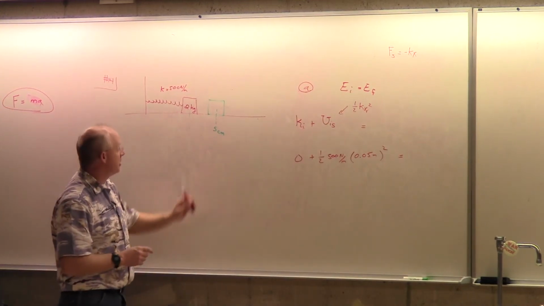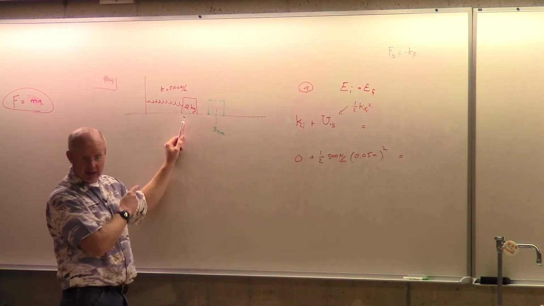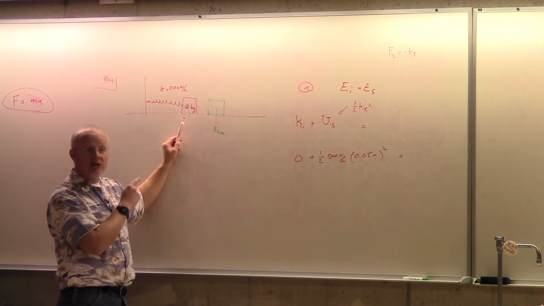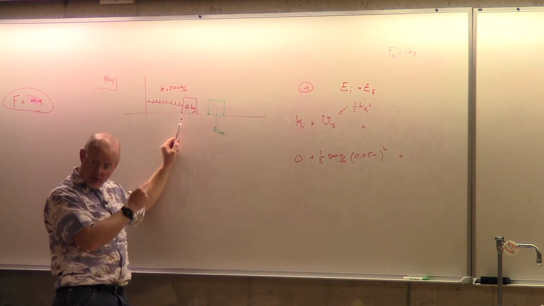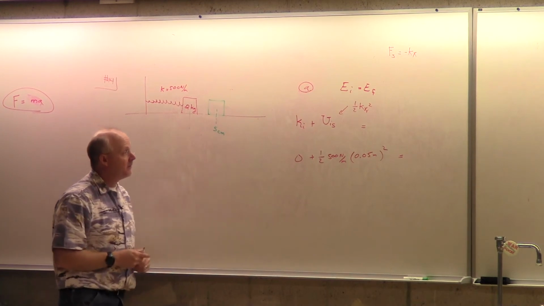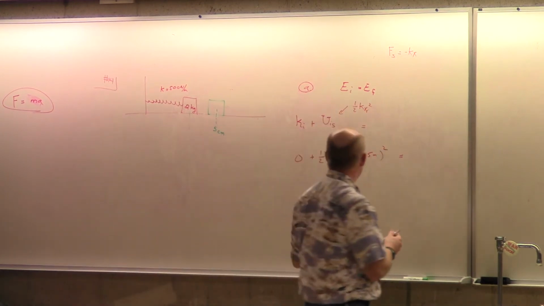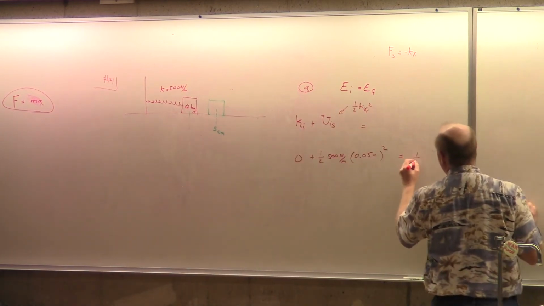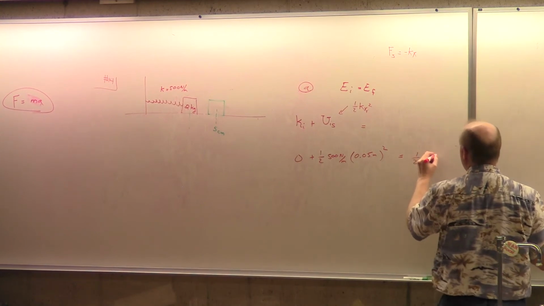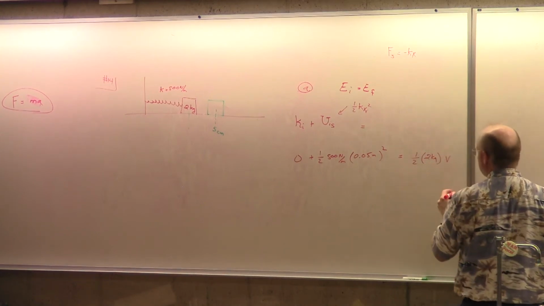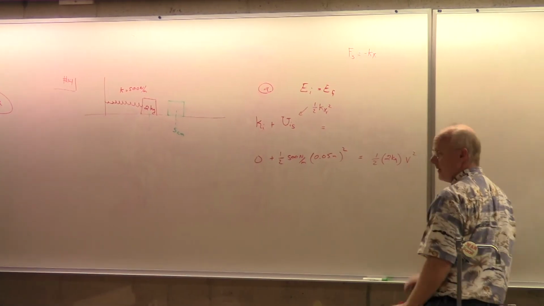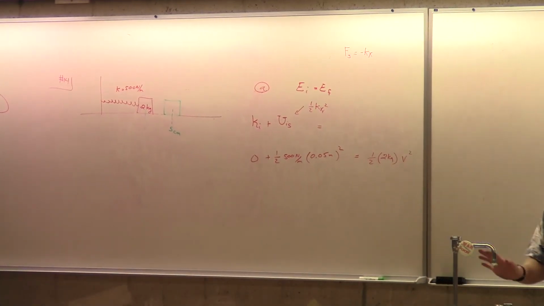My final position is when it returns back to this spot, because that's the question: what is the speed when it returns back there? So my final energy would be 1/2 times the 2 kilograms times the speed squared. And that's all the energy you have there, because as it moves on back, it doesn't have any spring potential energy anymore.